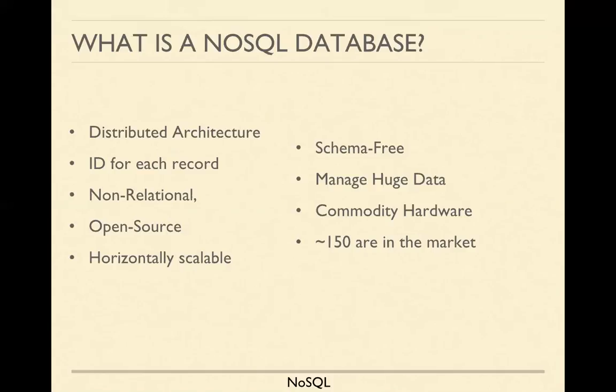They can manage huge data because they are distributed, and they are schema free, as in they don't have the rigid schema. Because if you have imposition of a schema on the database, it becomes impossible to scale. All right, so in a single word, if I have to summarize all these points, it's the scalability. All NoSQL databases are scalable.